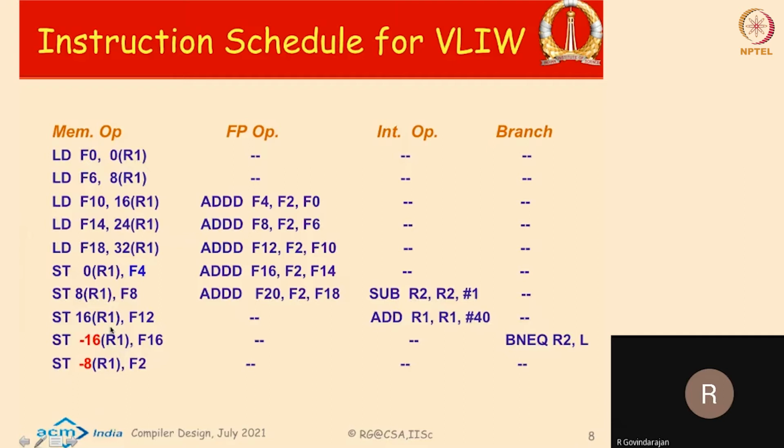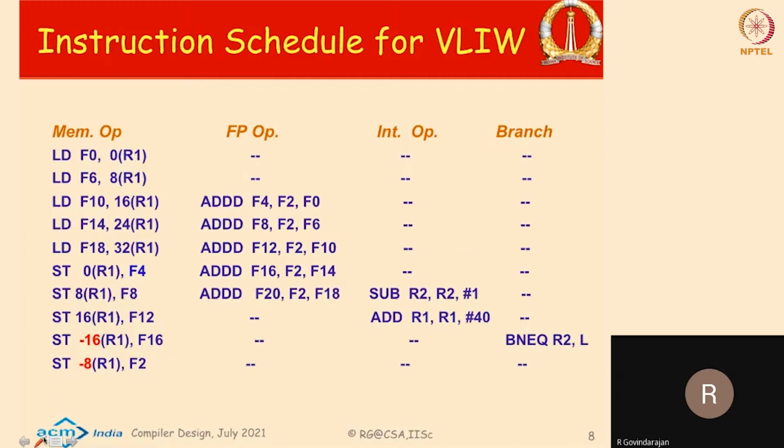When you get time, you can go ahead and find out that when R1 is incremented by 40, this offset which should have been plus 24 now becomes minus 16. This offset which should have been 32 now becomes minus 8, right? So this corresponds to A4, A9, and so on. That will be with an offset of minus 8, whereas this corresponds to A3, A8, and so on, which will be with an offset of minus 16 when R1 is incremented by this one.